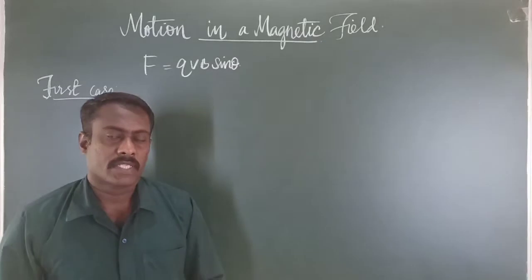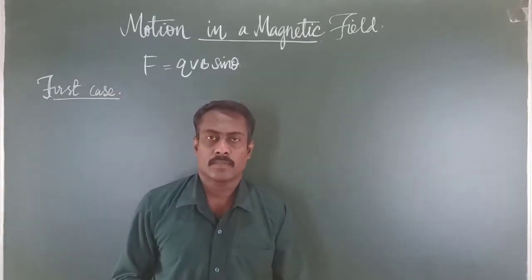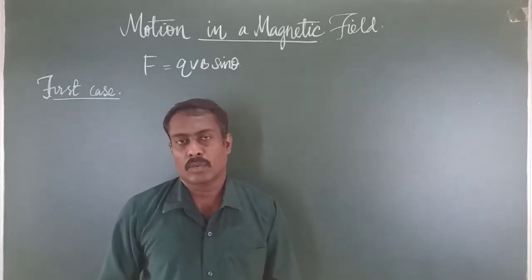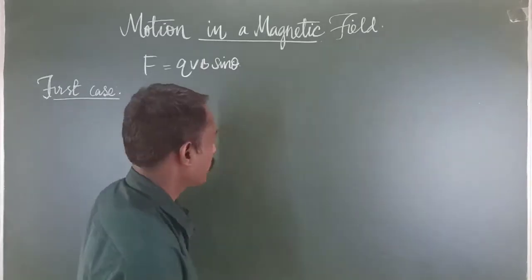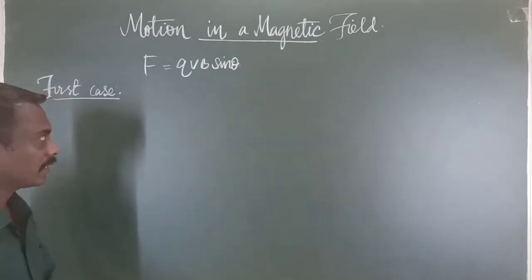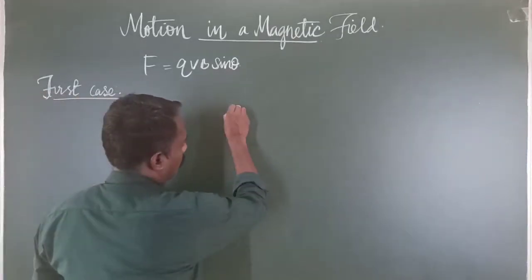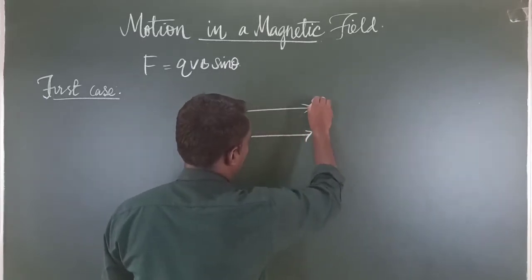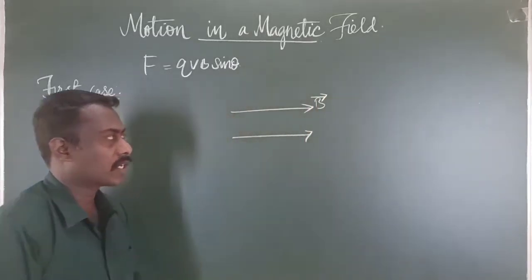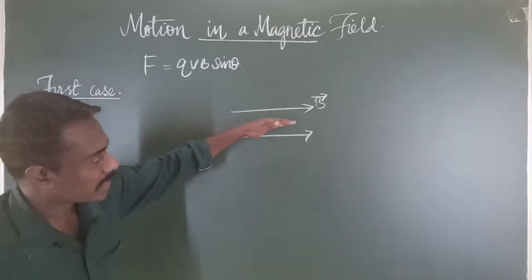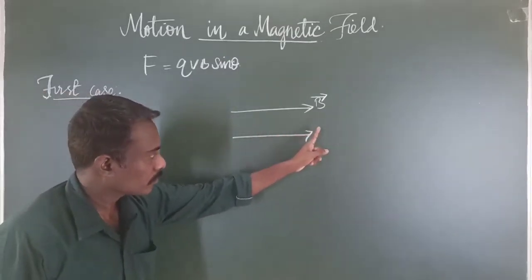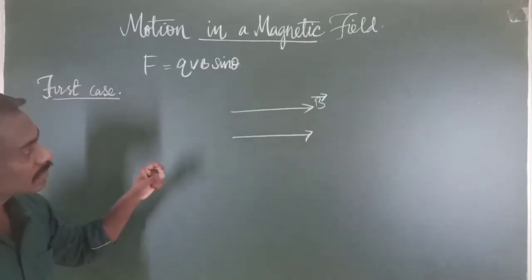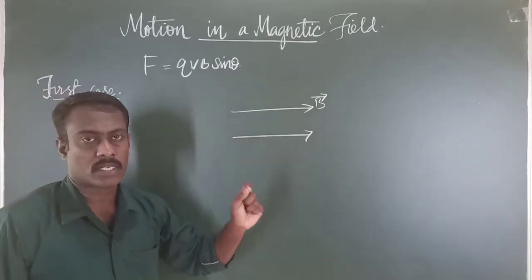In the first case, a moving charge is entering along or opposite to the direction of the magnetic field. If this is the direction of the external magnetic field applied, and a charge is moving along the direction of the magnetic field or opposite to it, what will be the force exerted on the moving charge?